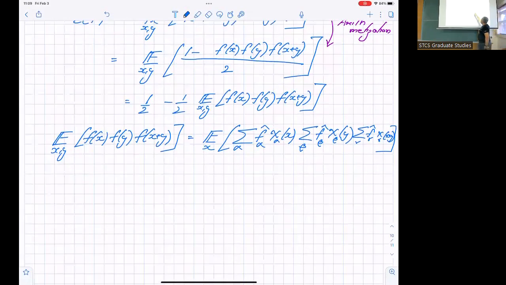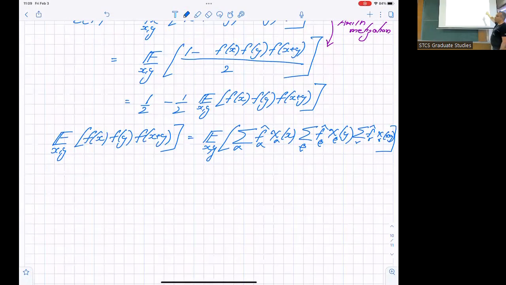notice the only expectation is over x and y. The only randomness is x, y. Alphas, betas, and gammas have no randomness in them. Therefore, I can open out the summation. When you open out the summation, you get summation over alpha, beta, gamma, f hat alpha, f hat beta, f hat gamma, chi alpha of x, chi beta of y, chi gamma of x plus y.